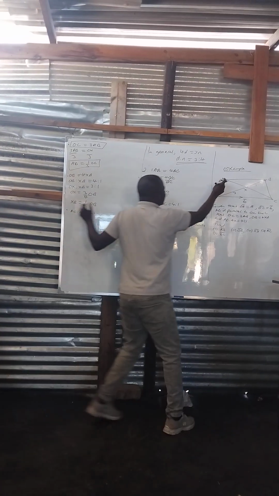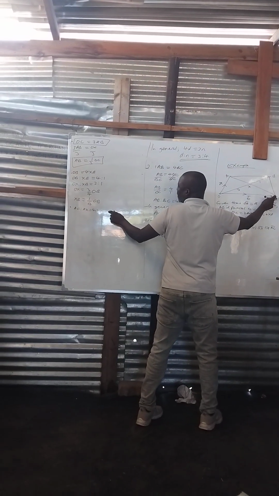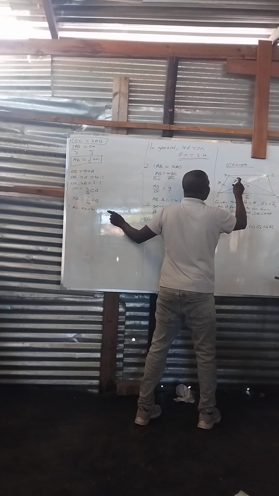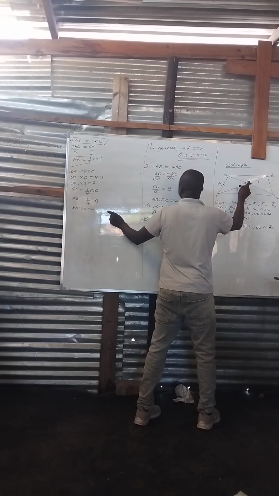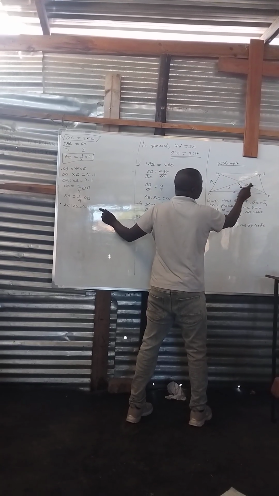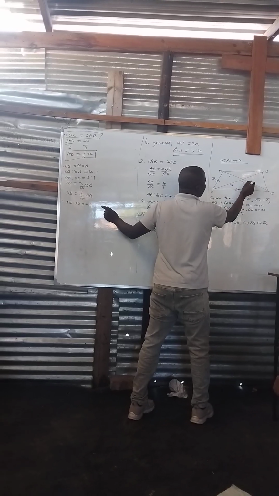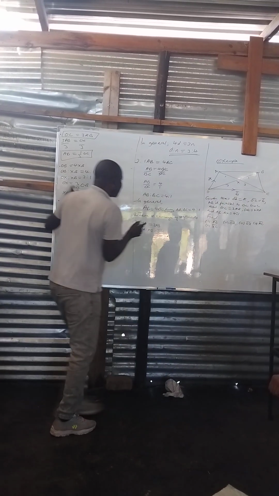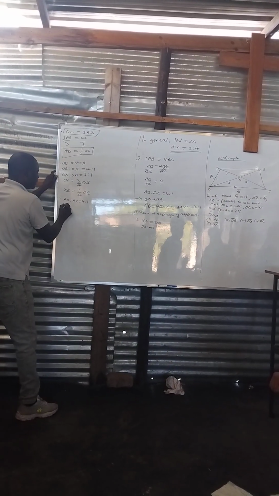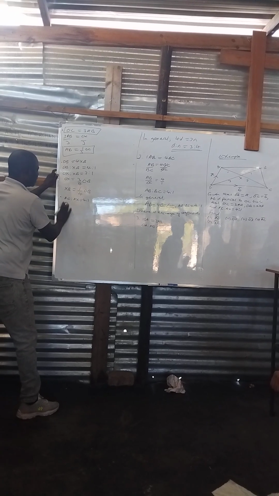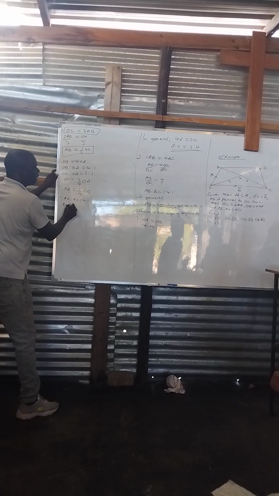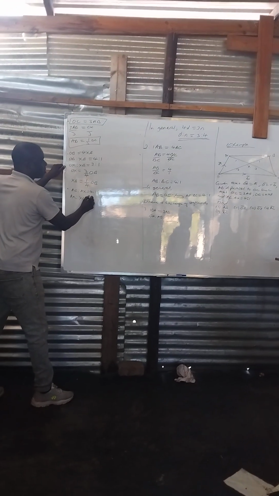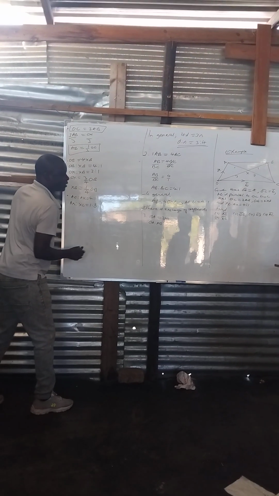AC is 4 parts, then AX is one part, and XC is 3 parts. So AX to XC is in the ratio of 1 to 3.